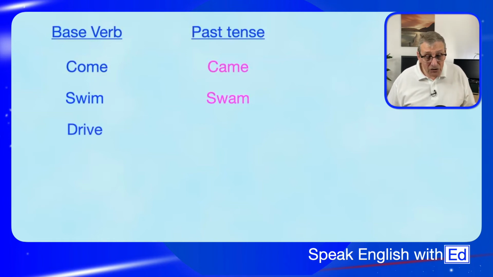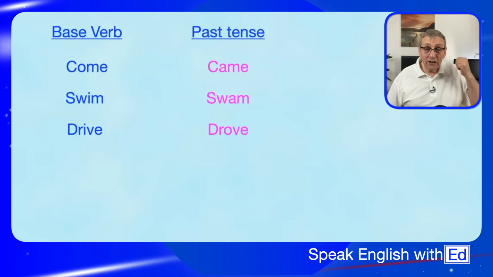And drive. Drive, again, no rules, it's just a different word. When we talk about drive in the past, we say drove, he or she drove here today. They drove here because they've already got here. So it's drove.